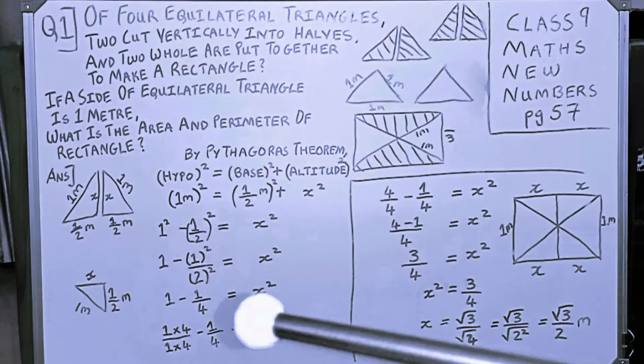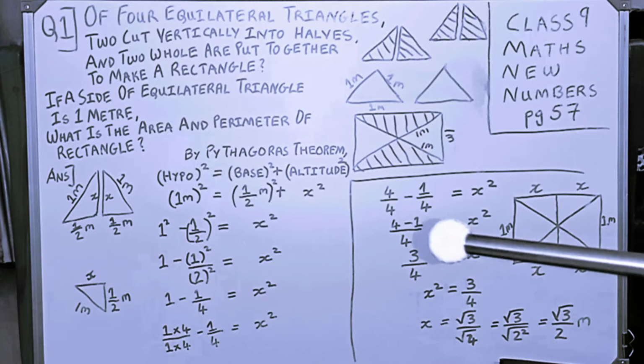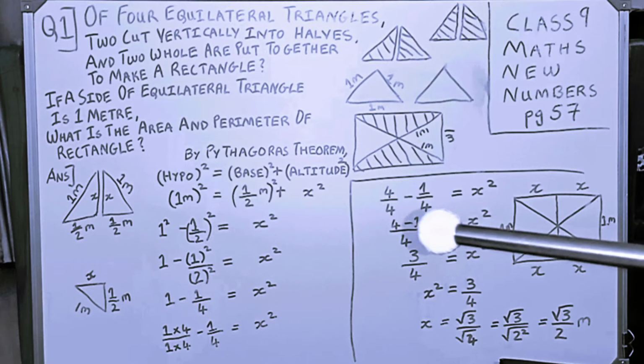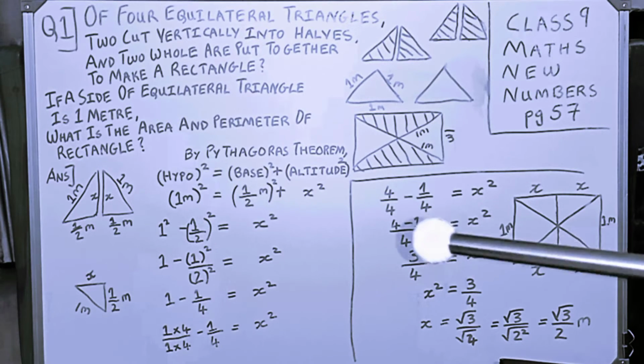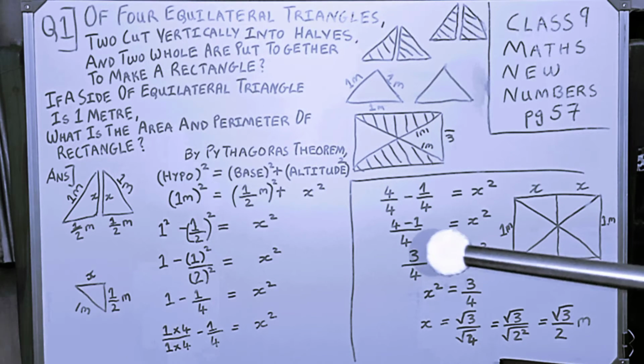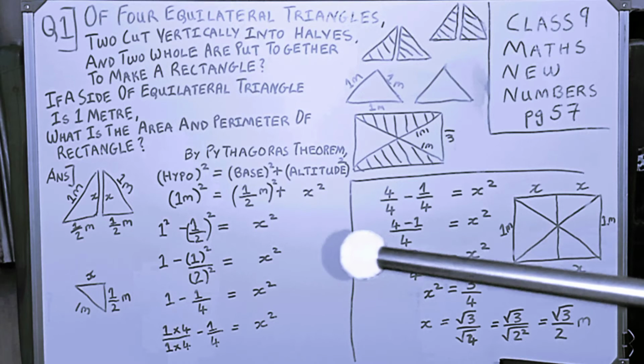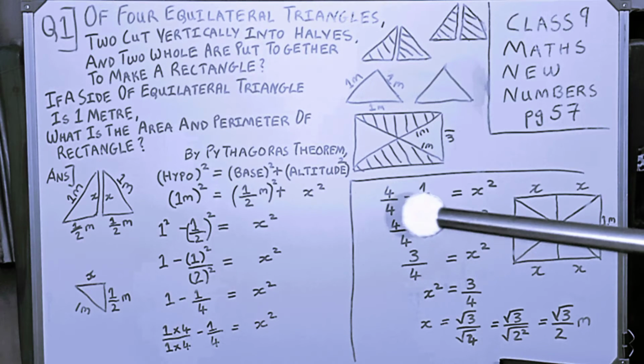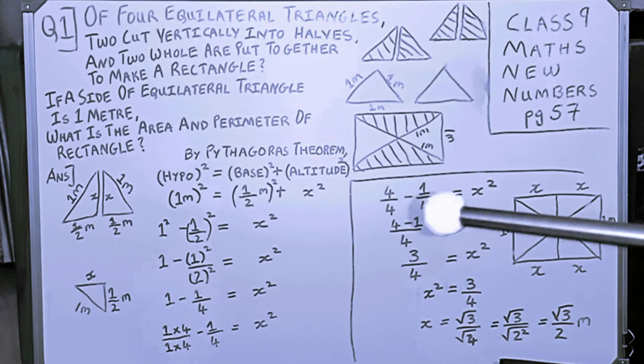Okay, then the denominators are the same, 4 and 4, so we have a common 4, and on the numerator we have 4 minus 1.